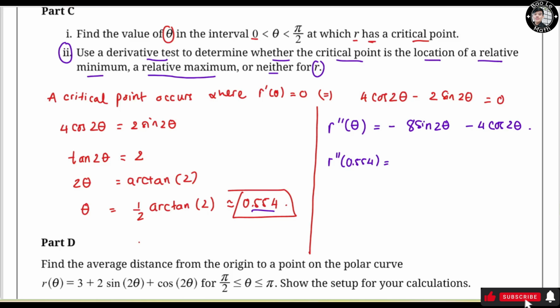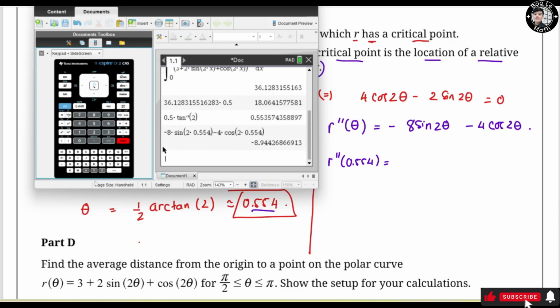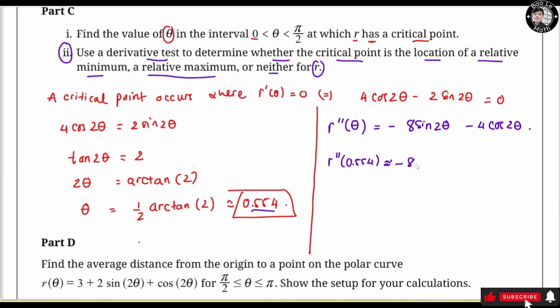So we just bring up the calculator, enter. It's going to be negative 8.944, which is less than 0. So by the second derivative test, since r prime of 0.554 equals 0 and r double prime of 0.554 is less than 0, the critical point is a relative maximum.